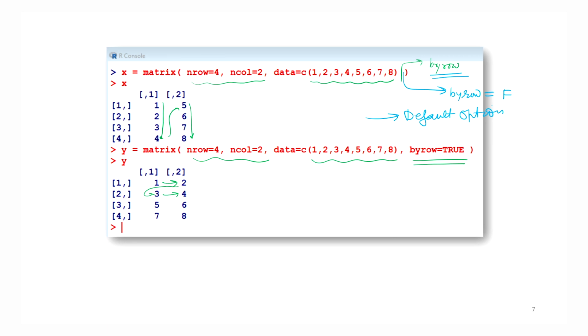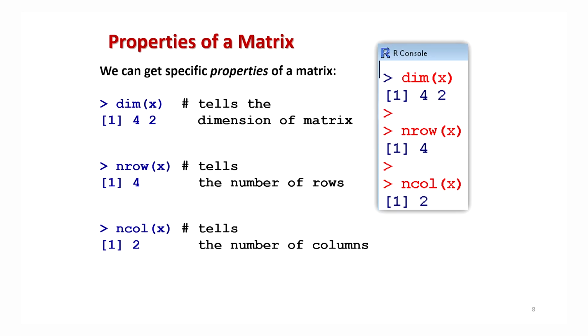Okay, so now we move forward. Now, I would like to introduce that sometimes the data is coming from external sources and it is arranged in some matrix. In this example, you have created a matrix of order 4 by 2.